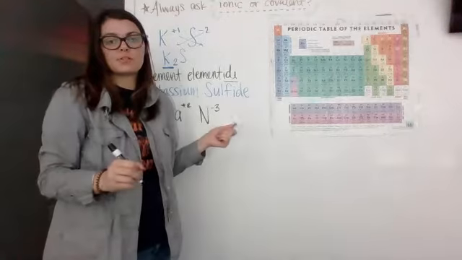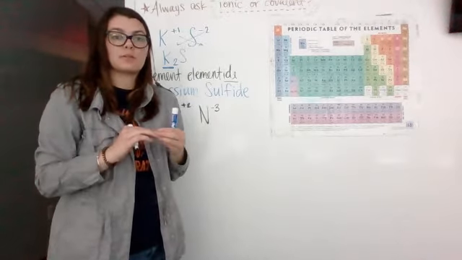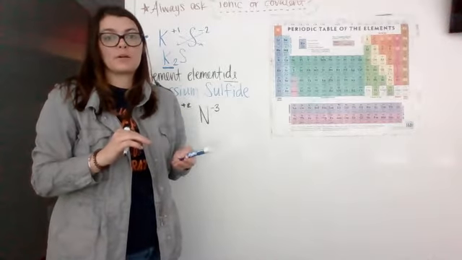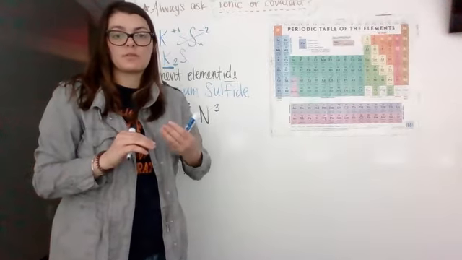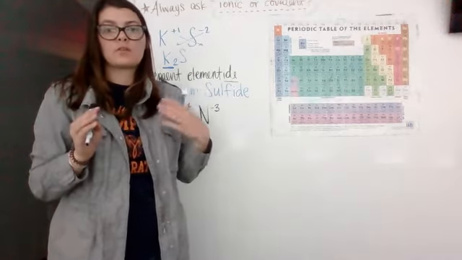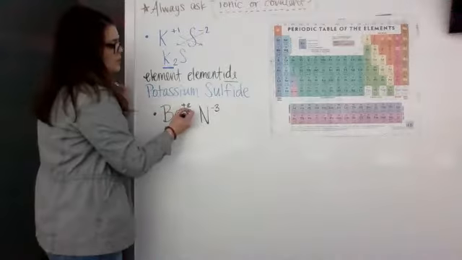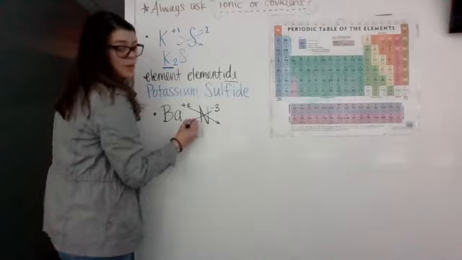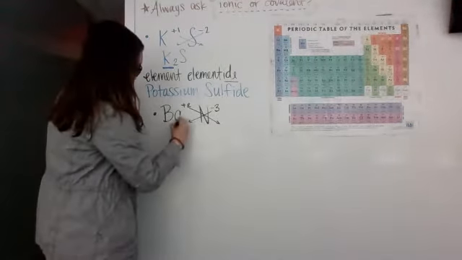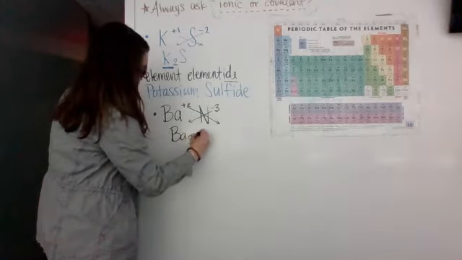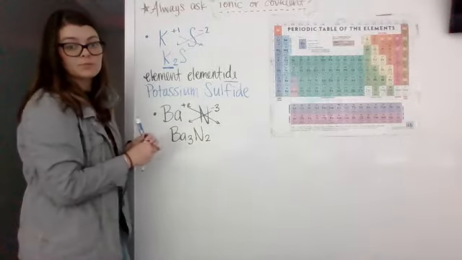I'm showing you these charges because this is how formulas are made and this is how elements bond. I'm very aware that you may have pretty limited knowledge on this because of the gap between Miss Doherty and I, so just be patient and watch what I do. I'm going to crisscross these numbers, not the plus or minus, just the numbers, and we get Ba3N2, and that's going to be my full compound.